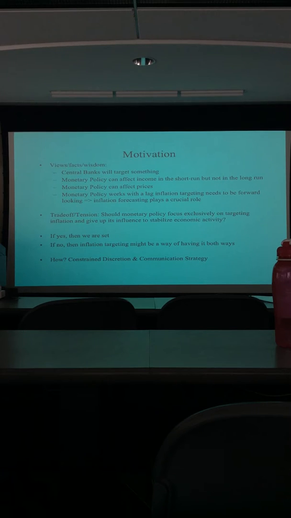Targeting inflation is not something where, oh, we used to be doing this, now we're going to be targeting the inflation rate. Central banks will target something. That's what they do. In the conventional macroeconomics setup, when we have a money market, the central bank is targeting the money supply.